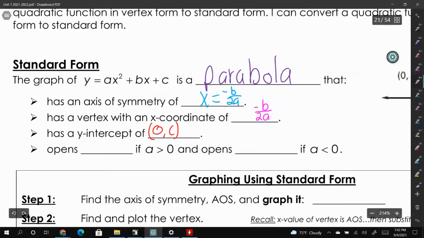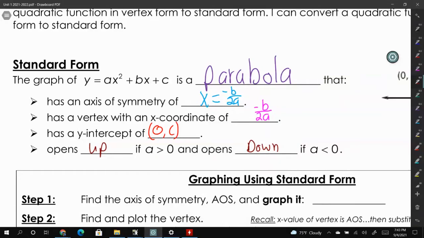And just like our other forms, we open up if a is greater than 0 or positive, and we open down if a is less than 0 or negative. And we're also going to talk about how some quadratic functions can be written in standard form, but that's also their vertex form as well.